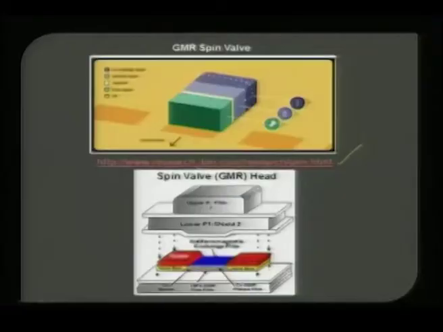In this device you would see this is a bit that has to be read. We have a free layer, which is this one. This is a free magnetic layer, and then you have a spacer layer in between, and you have a pinned layer. This is also a ferromagnetic layer, but this is actually pinned to the exchange layer or anti-ferromagnetic layer.